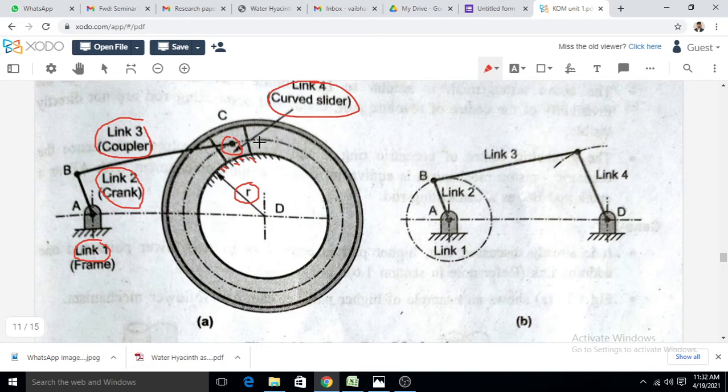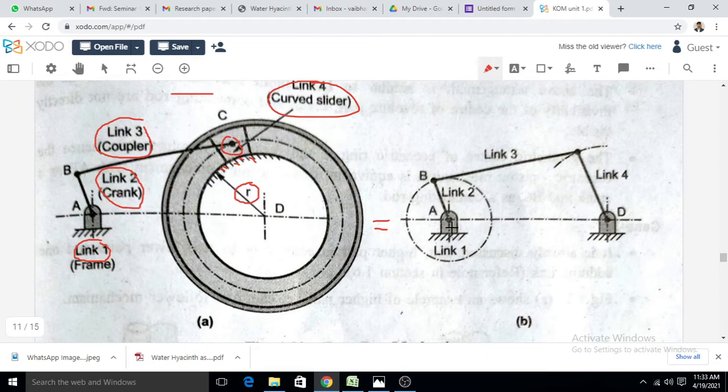This whole mechanism shown in figure A is equivalent to the mechanism shown in figure B. When r becomes infinitely large, the angular displacement is converted into linear displacement, or the turning pair is converted into the sliding pair.